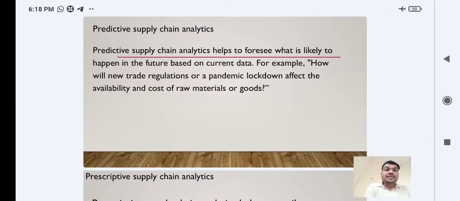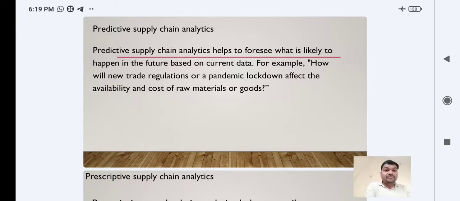The other one is predictive supply chain analytics. Predictive supply chain analytics helps foresee what is likely to happen in future based on current data. For example, how will new trade regulations or a pandemic lockdown affect availability and cost of raw material or goods? By the definition, it is clear that the supply chain is going on and revenue is generating, but in future, what will happen if government policies change and GST or other taxes change?